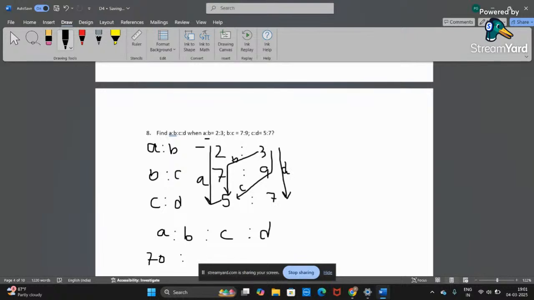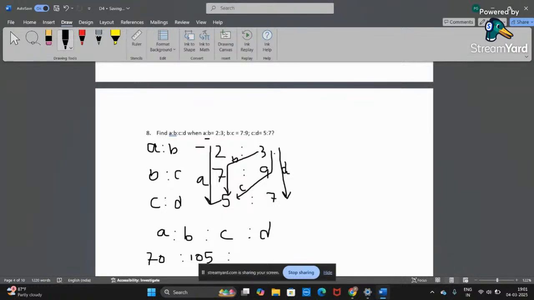To find B, we multiply 3 into 7 into 5. That means it is 105. 3 5s are 15, 15 7s are 105.